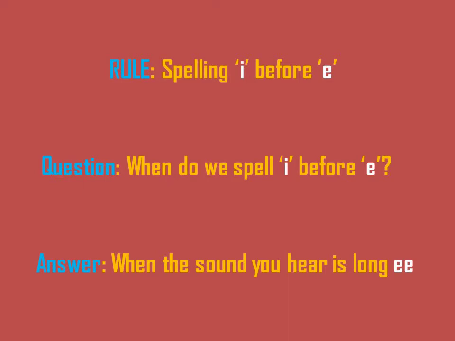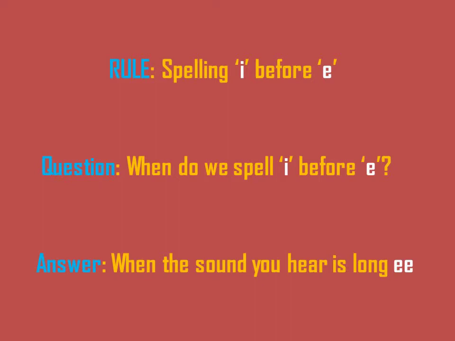Now, we come to the first rule, which is spelling I before E. What do we do here? Ask yourself, when do we spell I before E? The answer is simple. Spell I before E when the sound you hear is a long E sound.